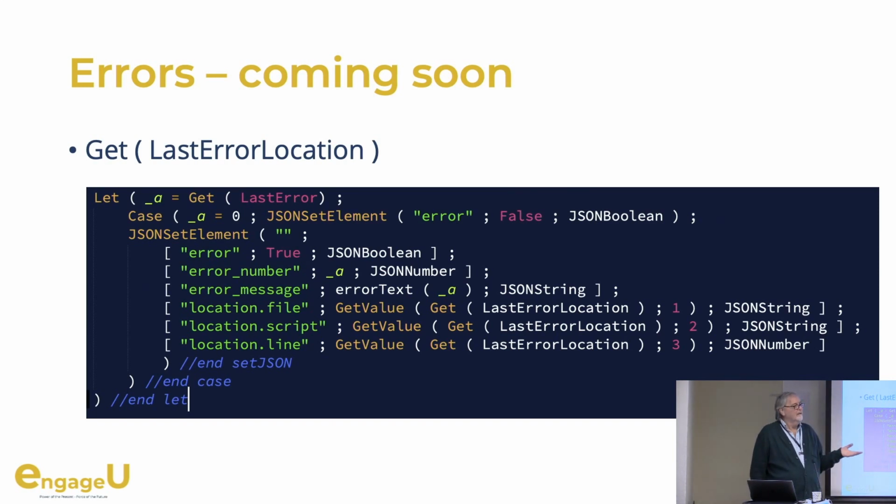So at the moment, we can kind of guess some things about where we are, but what you're going to get back with this function in a new version quite soon is a 3-line text delimited list of the file name, the script name, and the line number. Okay? So you would be able to use that in your scripts when something goes wrong. And I don't necessarily mean wrong, but there's something that you want to kind of record.